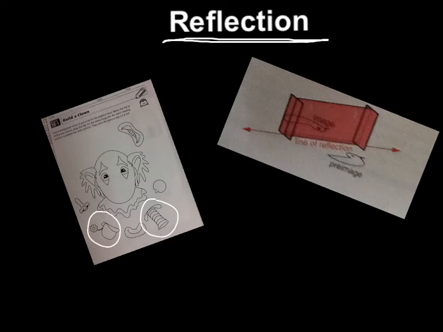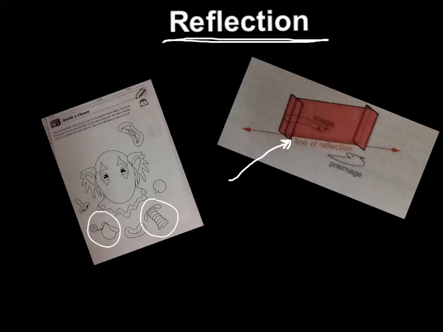We've been using transparent mirrors, and we know that that line right here along the recessed edge of the transparent mirror is called the line of reflection. That's the line over which the image flips when we look at it through that mirror.